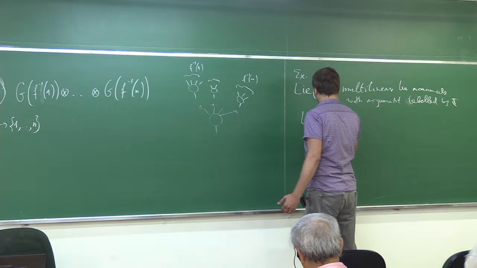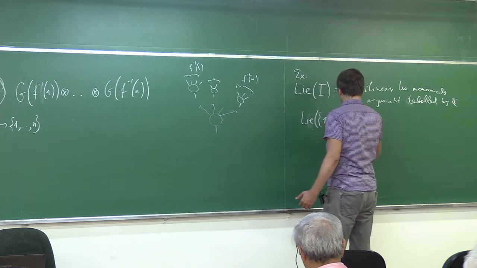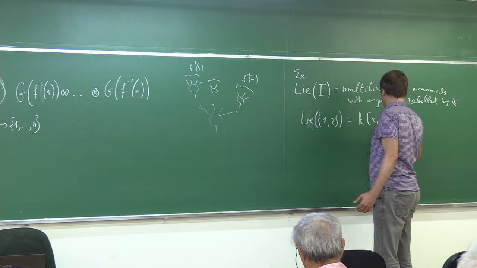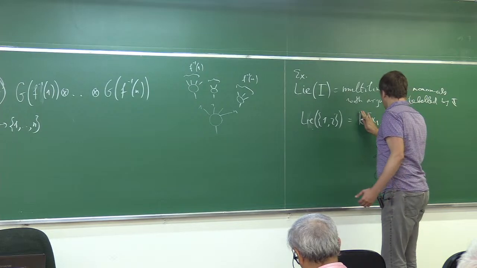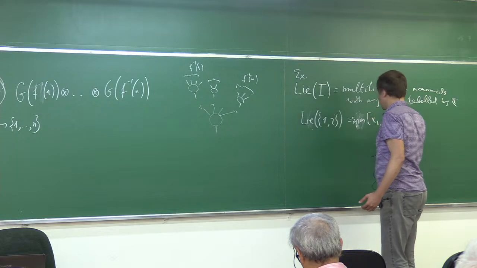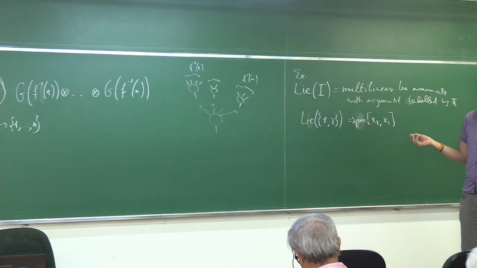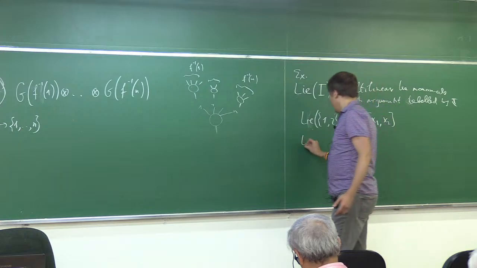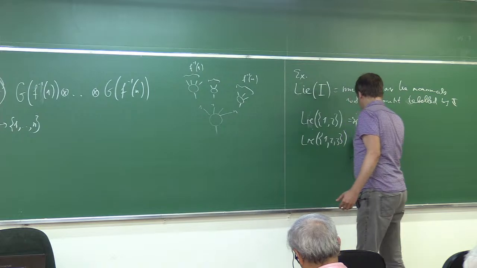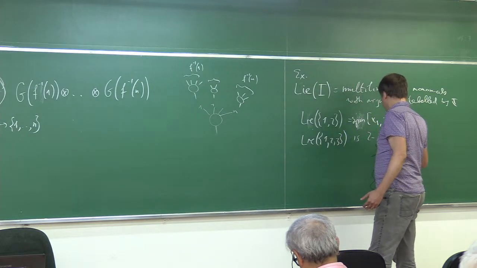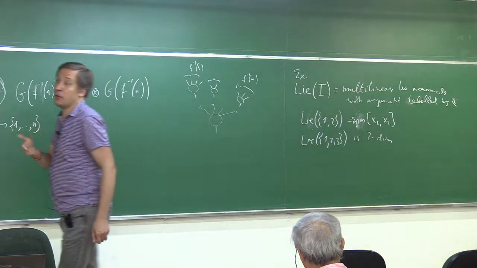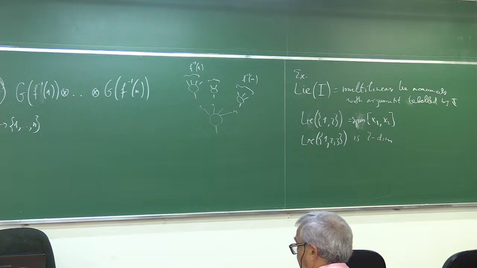For example, E of 1, 2 is a one-dimensional vector space which is just spanned by the bracket of x1 and x2, and E of 1, 2, 3 is two-dimensional, so it has many different polynomials, but using the anti-symmetry and the Jacobi identity, you can choose a basis.